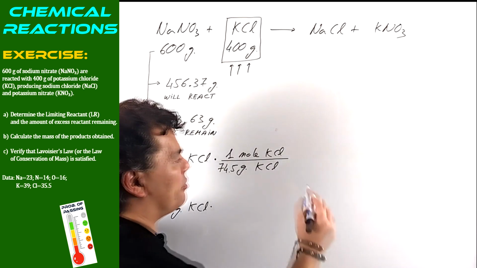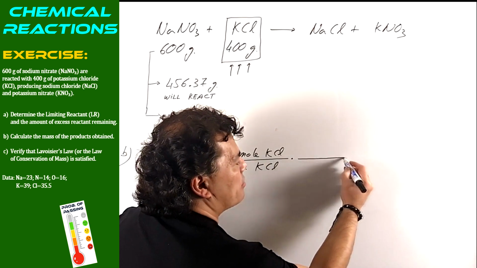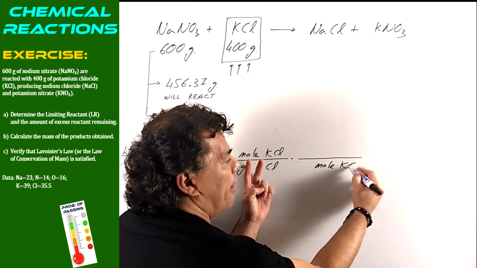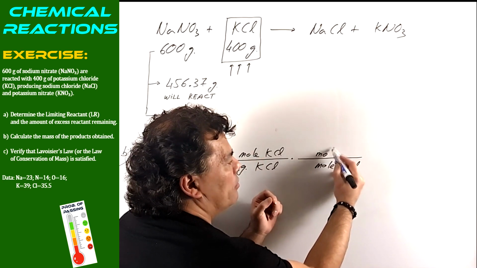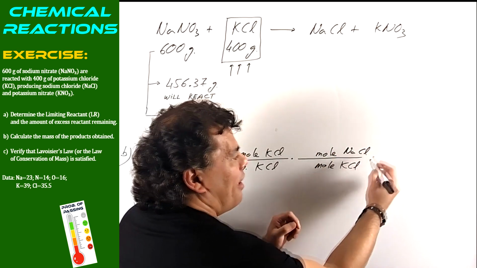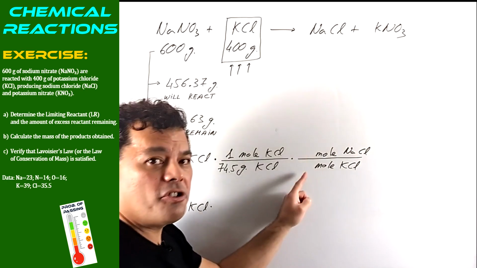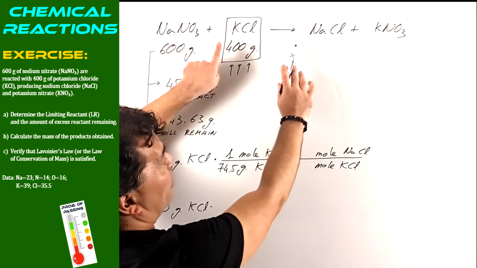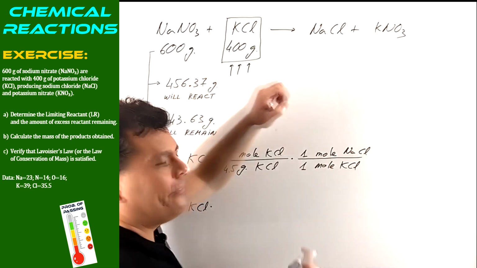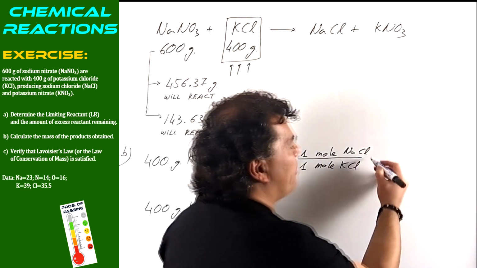Second conversion factor will move us from moles of potassium chloride to get into moles of sodium chloride. And there comes the stoichiometric coefficients, 1 to 1, 1 to 1.